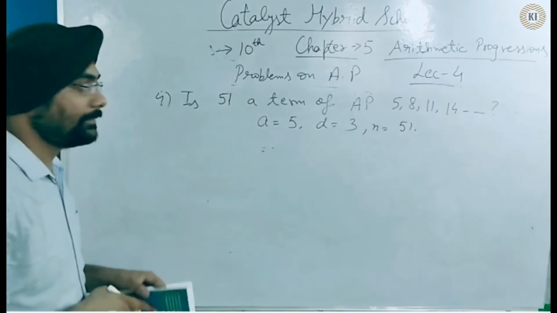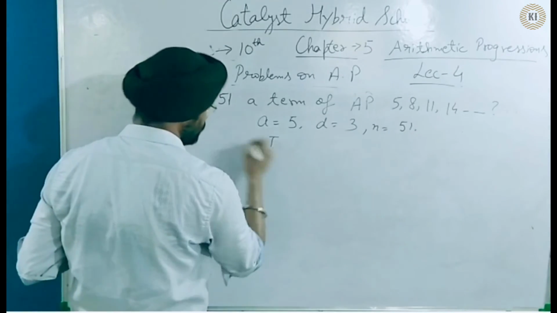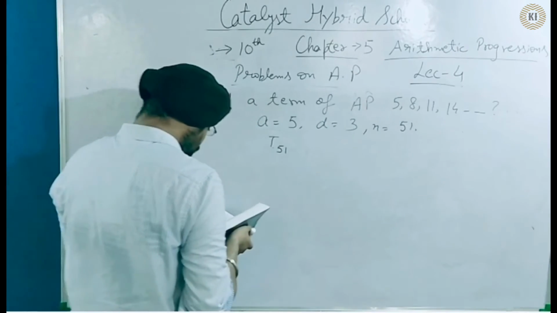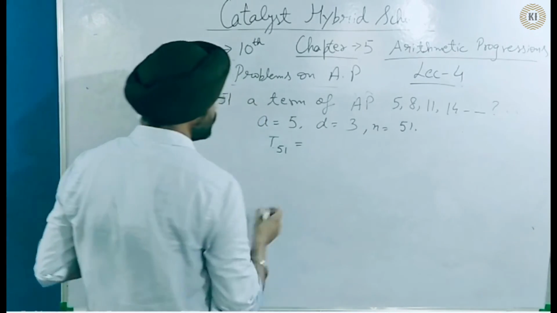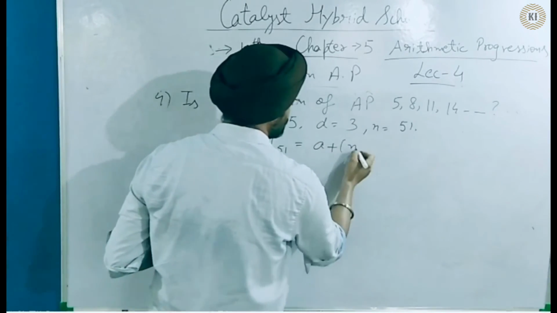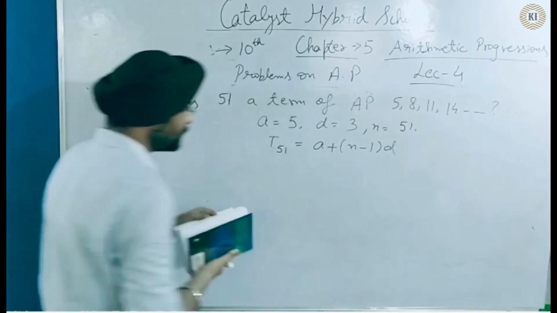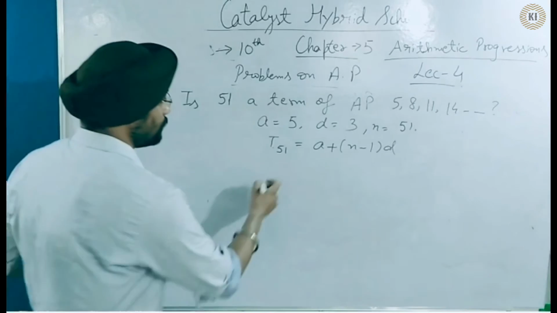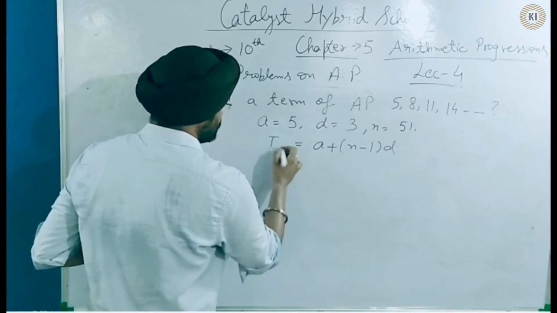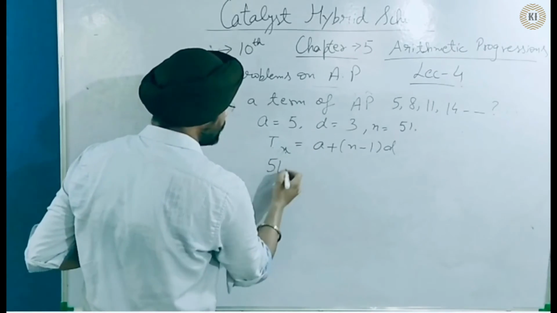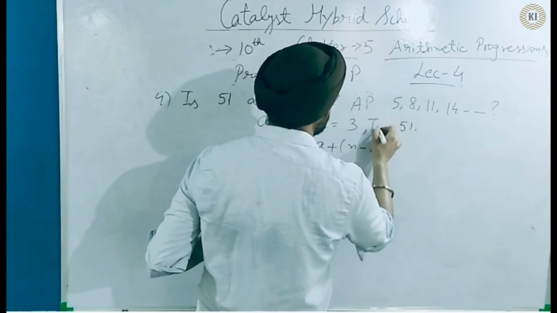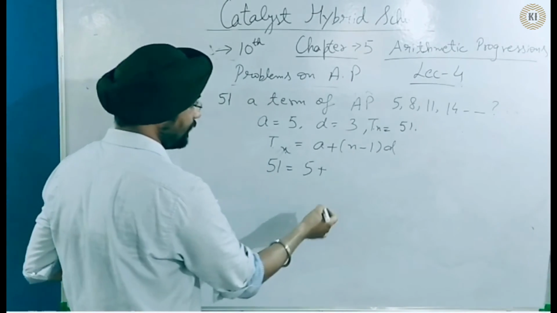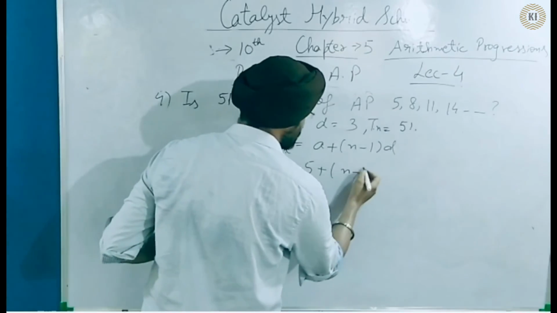So let us solve by the formula. T of n is equal to, formula is a plus n minus 1 into d. So in this question you have to calculate the value of n. So T of n value is 51. a is 5 plus n minus 1 into d.